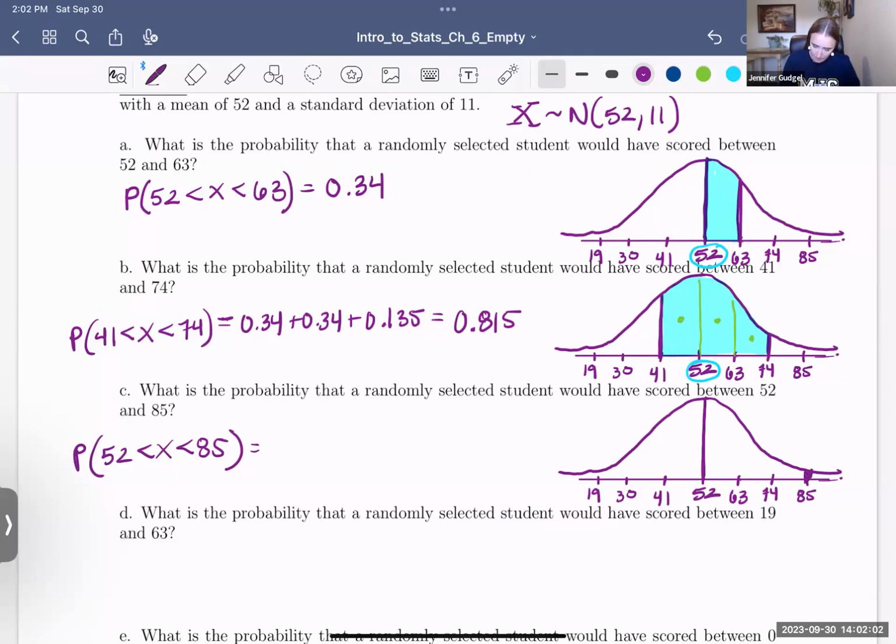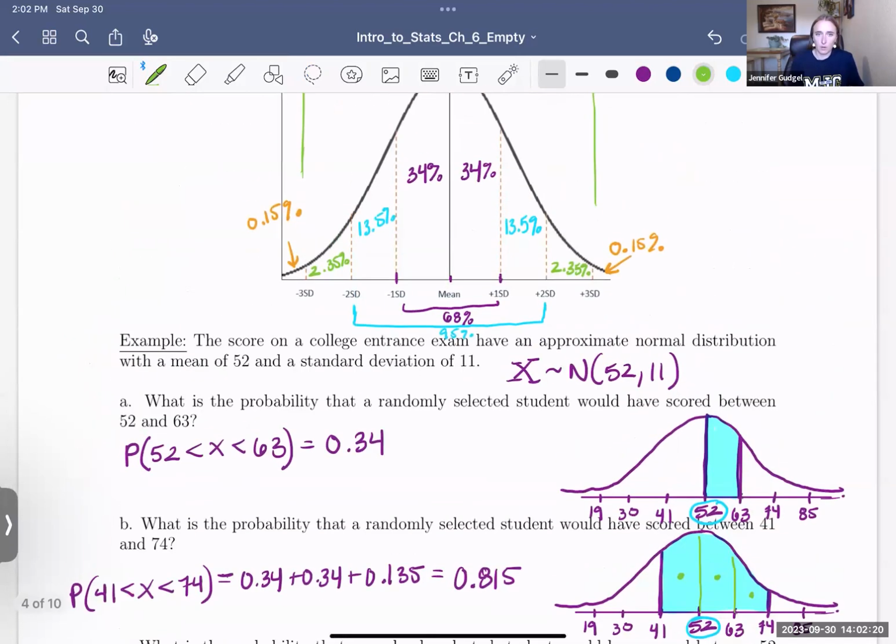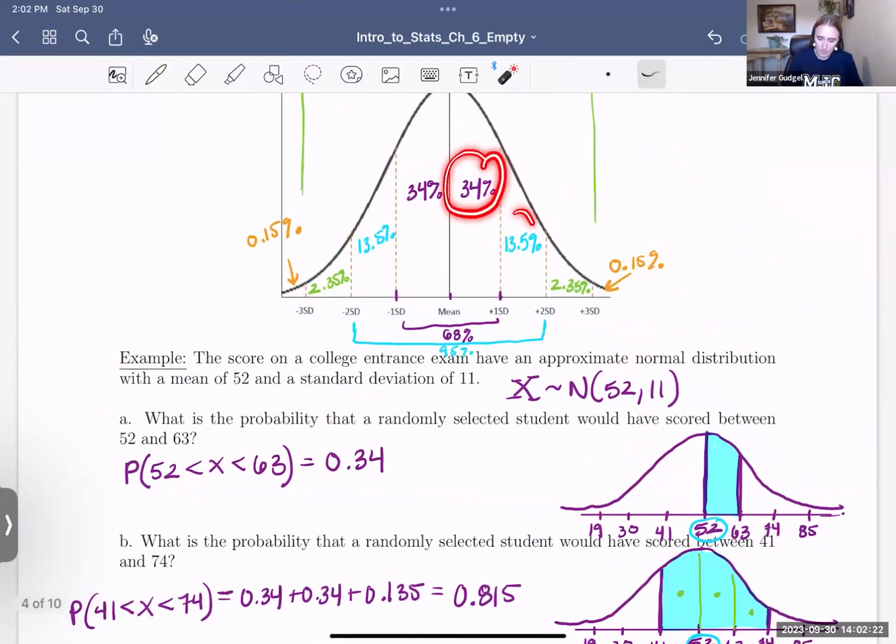So we're starting at that mean. Remember, 52 was the center. And we're going all the way to 85, 3 standard deviations to the right. So that's that first, second, and third on the right. If I go up and look, it's these 3 pieces here, right?